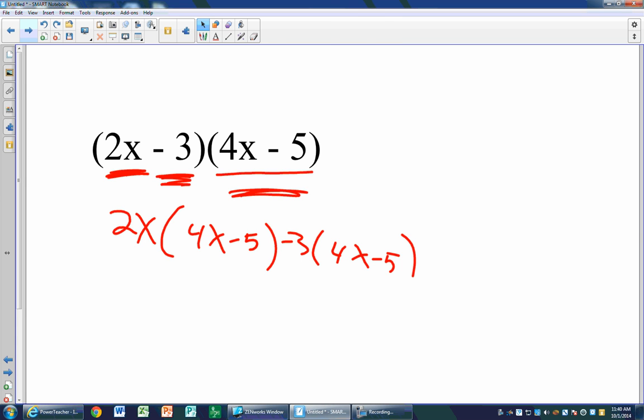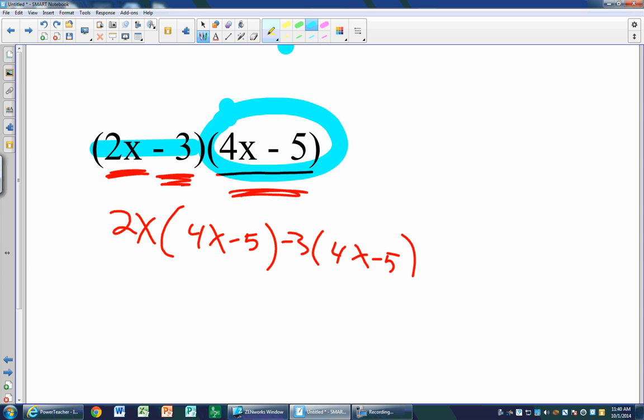What I did was I distributed these parts to this whole thing. Just to make it abundantly clear, I put the 2x, then I put the -3. The greens are the same.